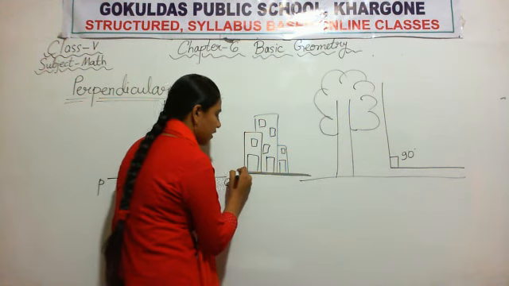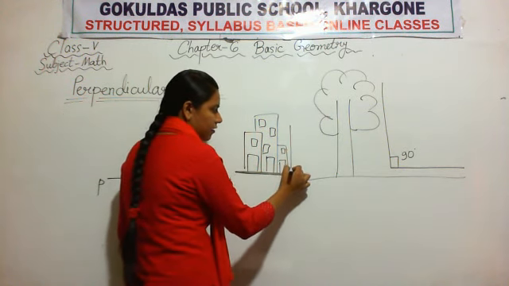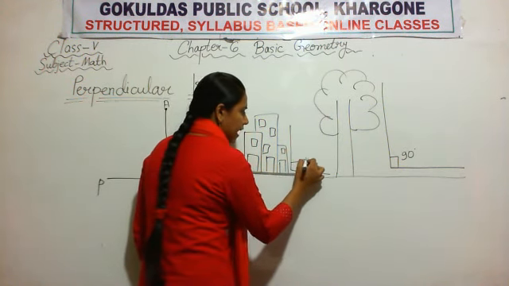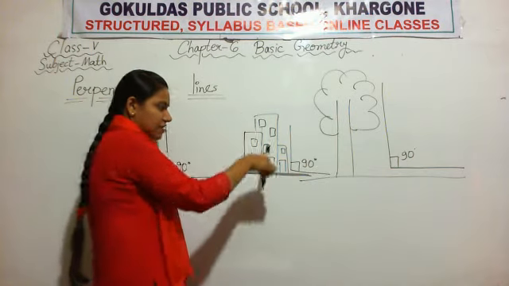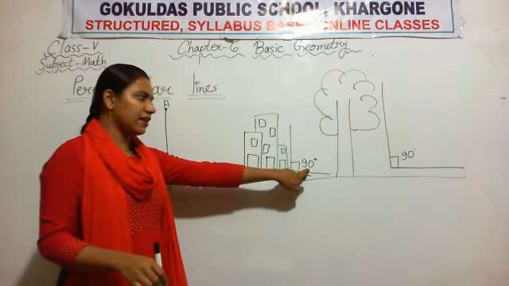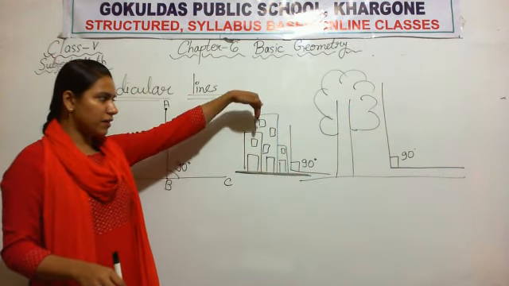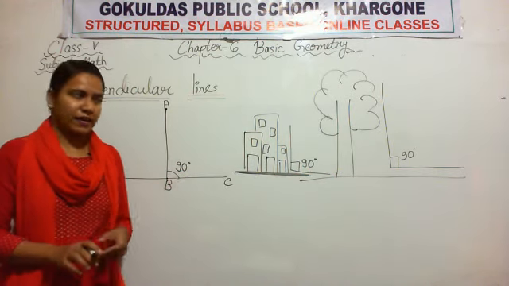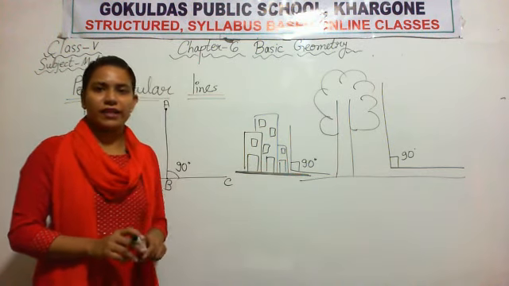At which angle are they with the land? The buildings are at 90 degrees. They are straight, 90 degrees on the land. So they are forming 90 degrees with the land, which means the buildings are perpendicular on the land.